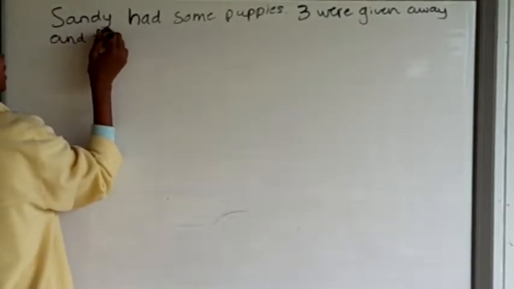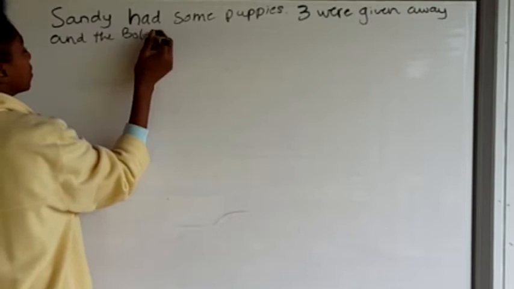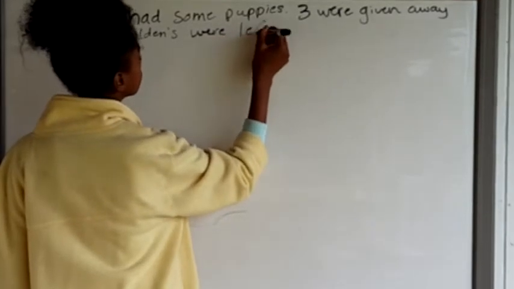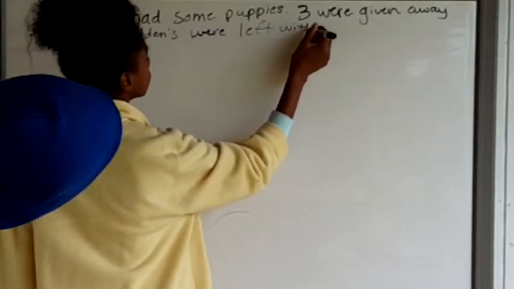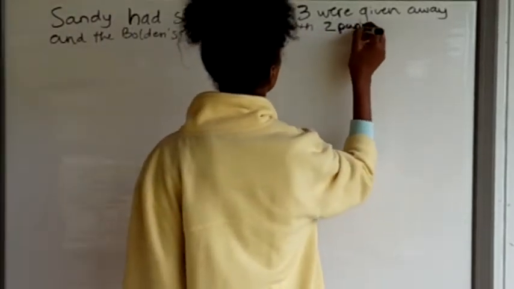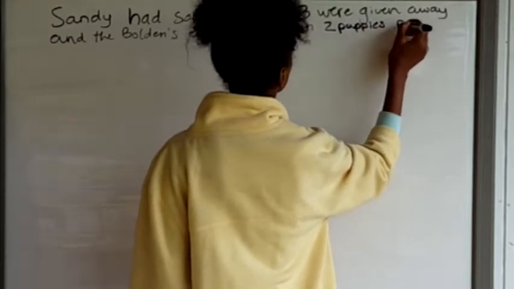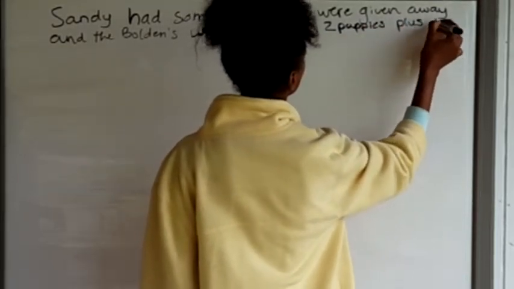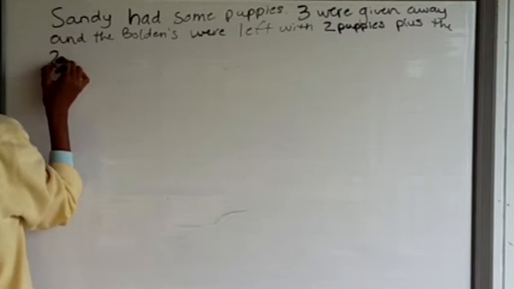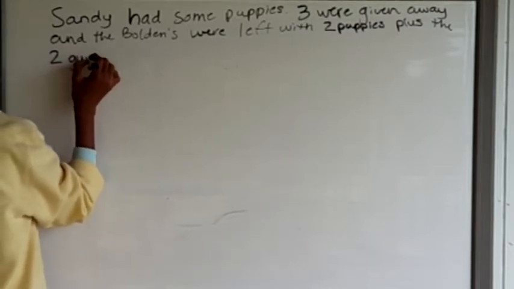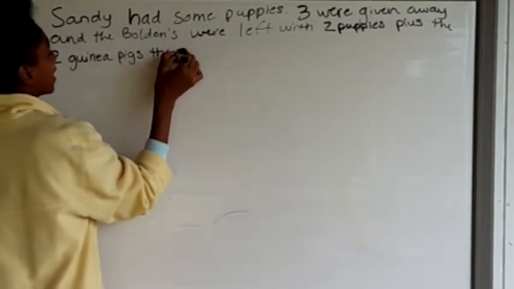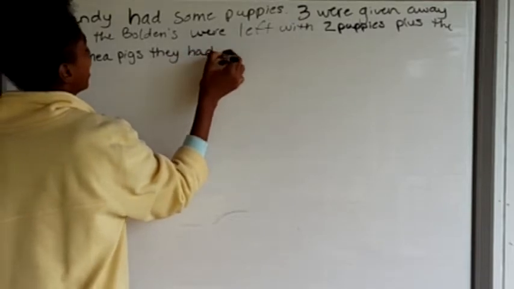And the Bowdens were left with 2 puppy quintuplets. Just had 5 puppies. That's just crazy. 5 puppies plus the 2. Now you know that is not about to happen.